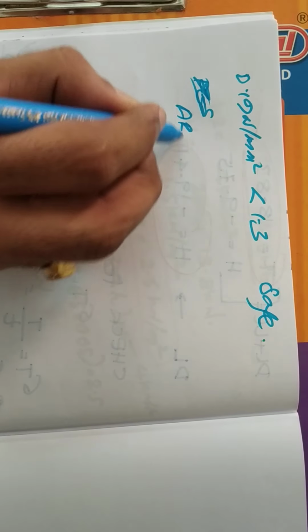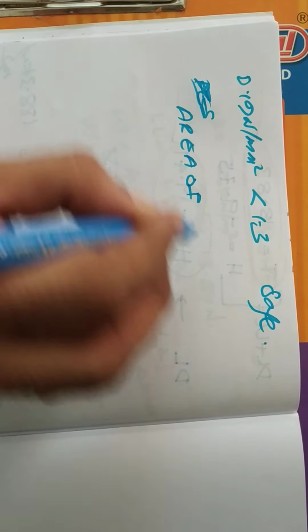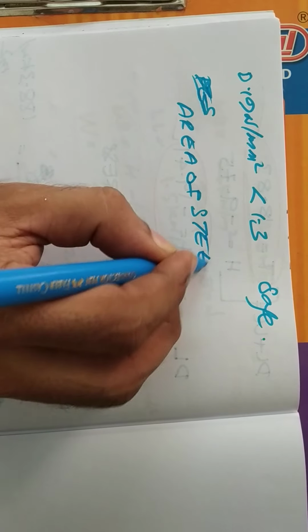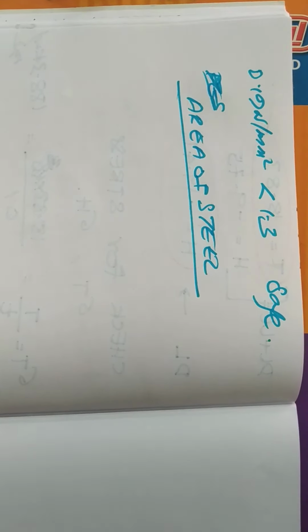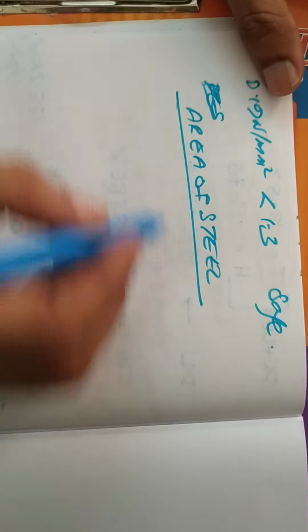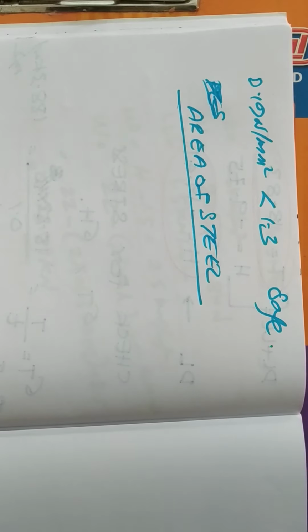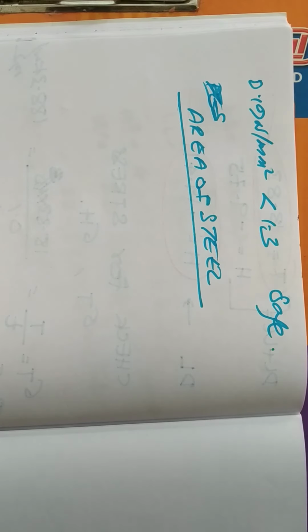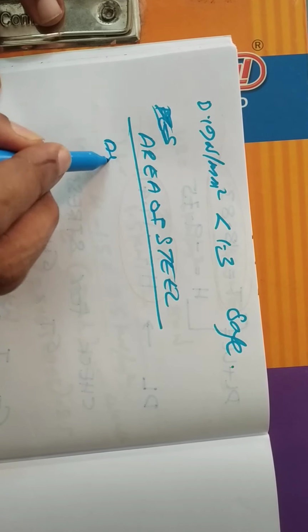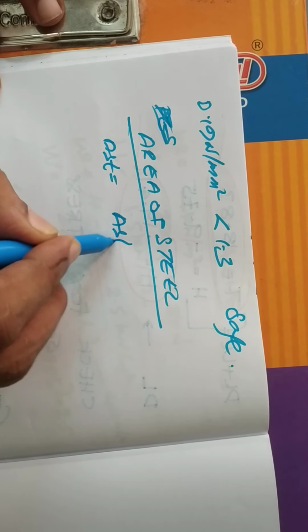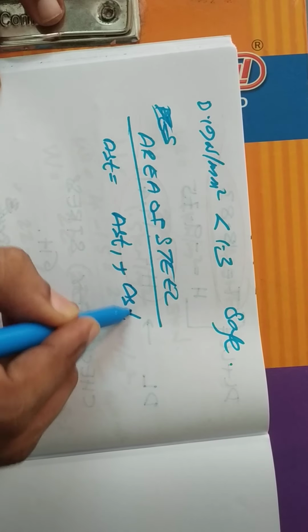Okay, now before going further, once we got sigma T and H, now we can find out AST. So area of steel calculation. So I was telling you before, AST is equal to AST1 plus AST2.